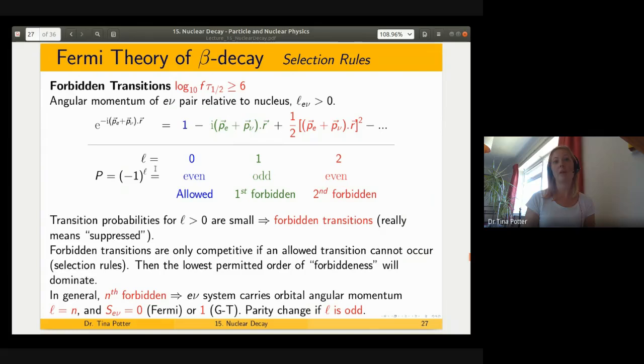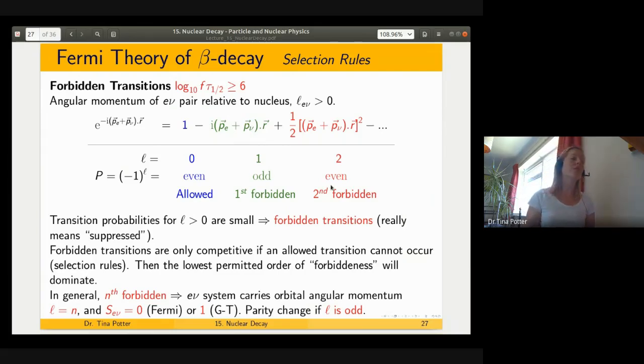Because it's carrying away an odd number of angular momentum units, you will have a parity change. And then for the second forbidden, because L equals 2, you're not going to have a parity change, but you will have an increased level of suppression here.